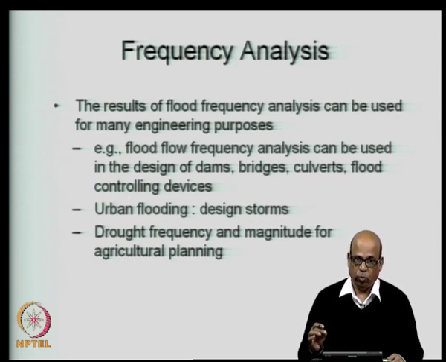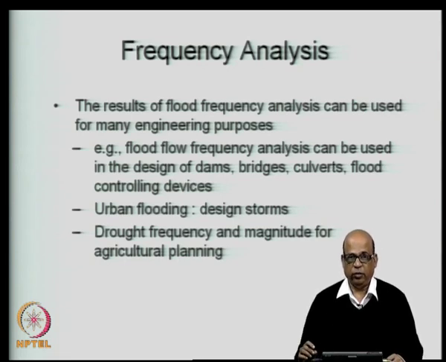That means low stream flows, low rainfall and low soil moisture levels and so on. This will be useful in agricultural planning. So, frequency analysis really provides useful information for planning either for floods or for droughts, and in most of the hydrologic designs we use the results provided by the frequency analysis.